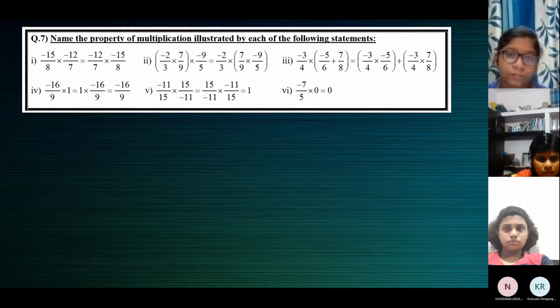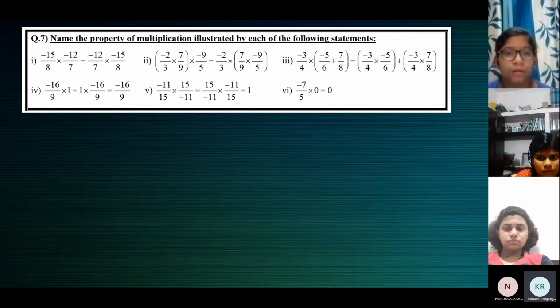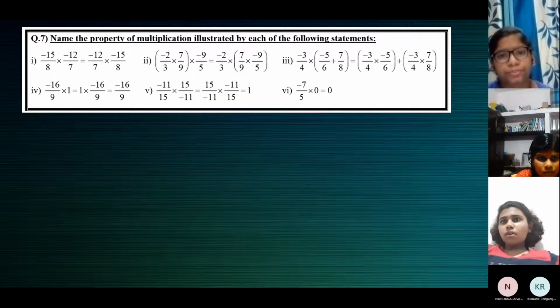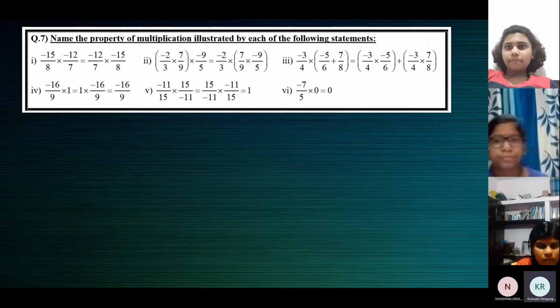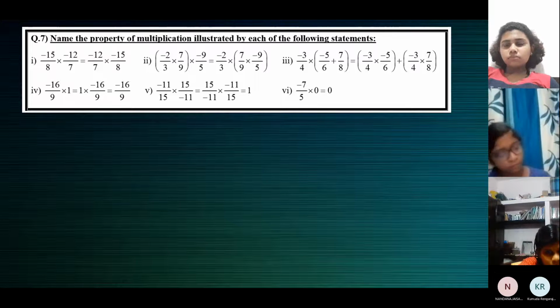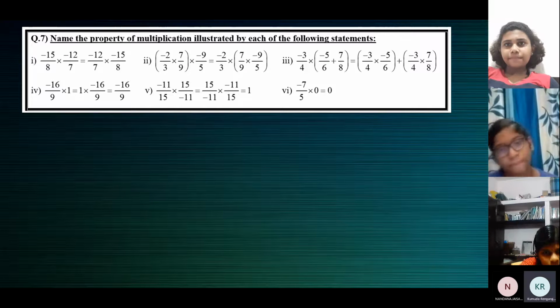Yes. Mritika, answer the first one. Name the property of multiplication illustrated by each of the following statements.